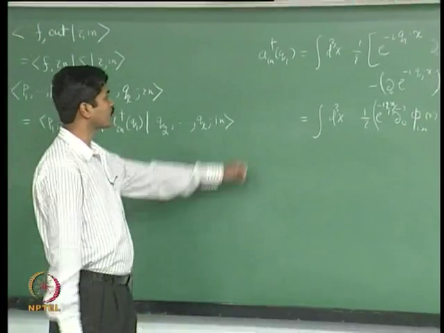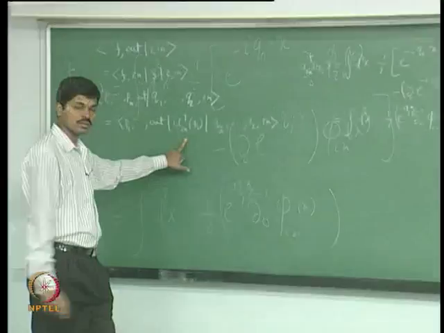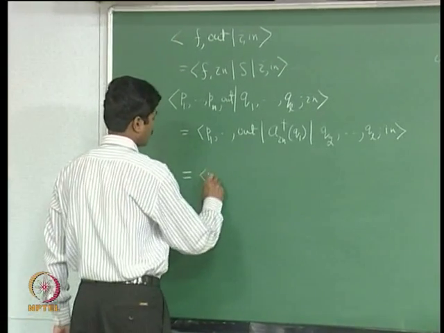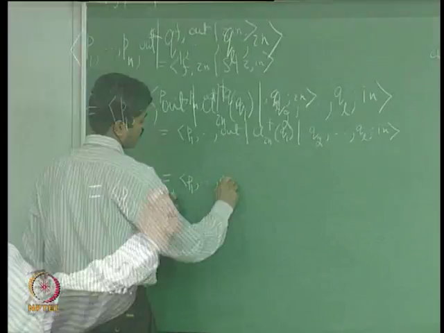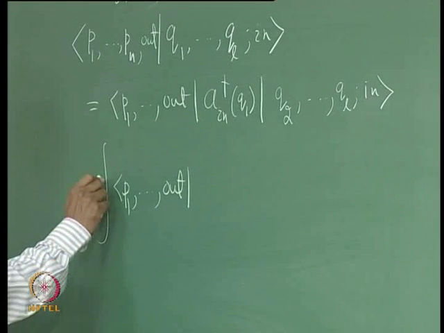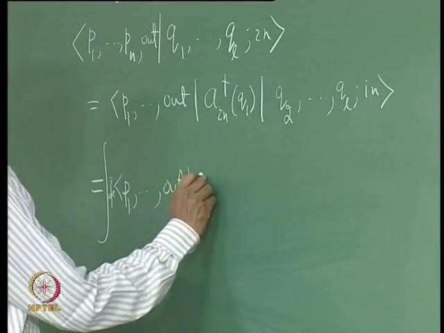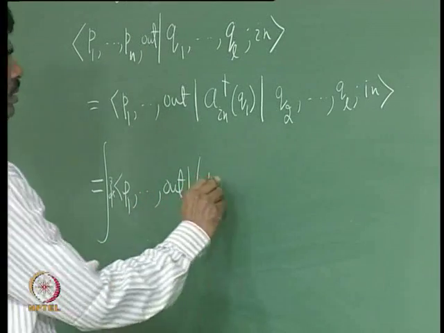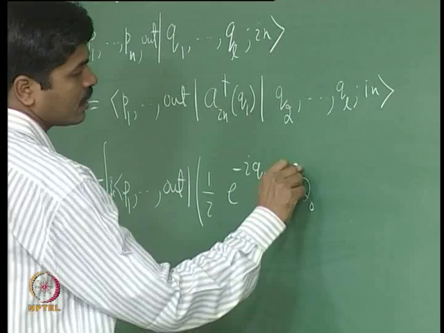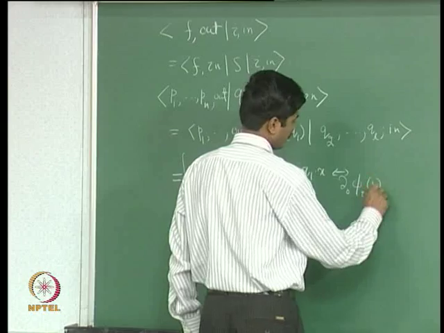This is the expression for a_in dagger of q1. We substitute it here, and what we get is <p1 ... out|, with an integration over d cube x, 1 over i e to the power minus i q1 dot x del 0 phi_in of x.